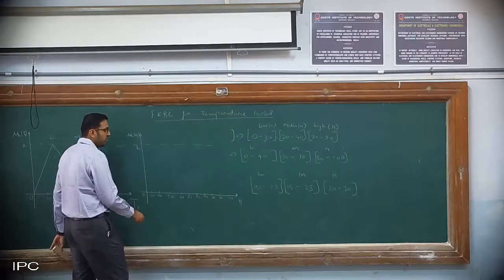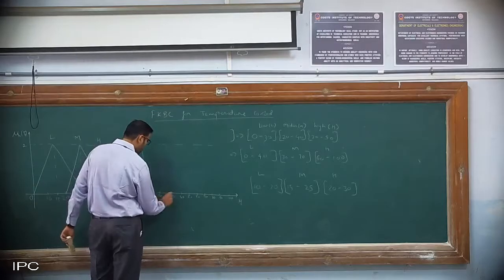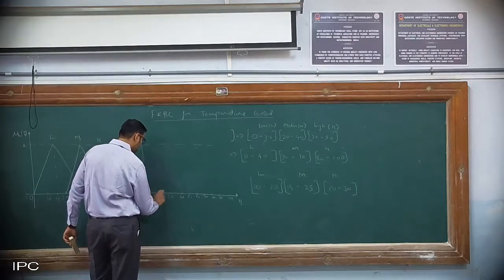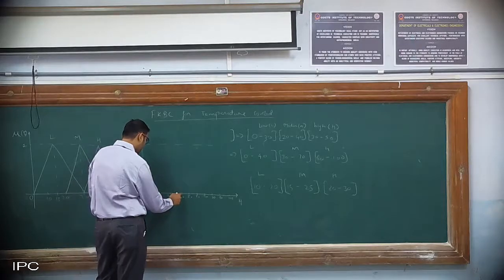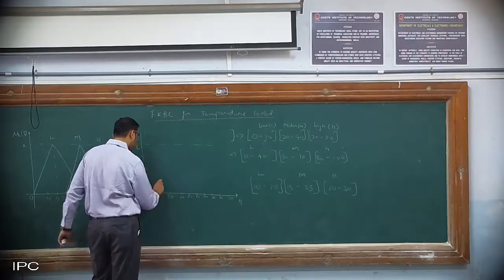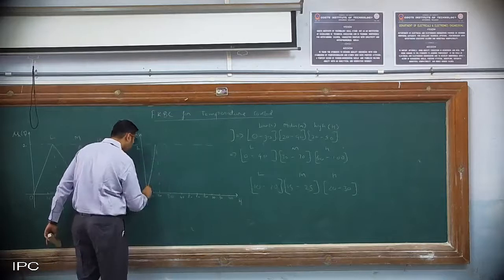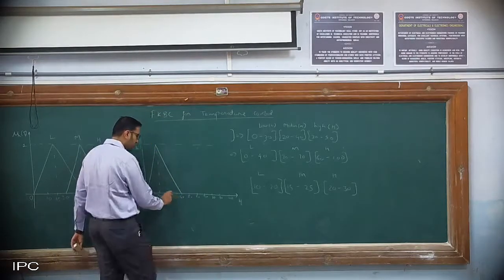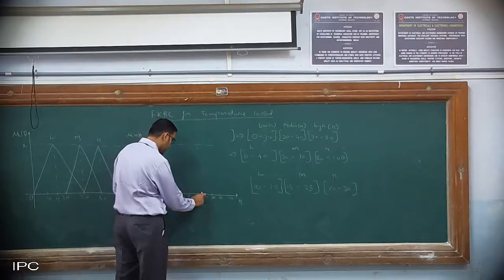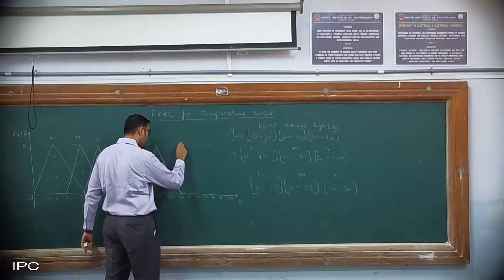So the range is 0 to 40, and we can consider 20 as our center. Next is 30 to 70, so 50 becomes our center.